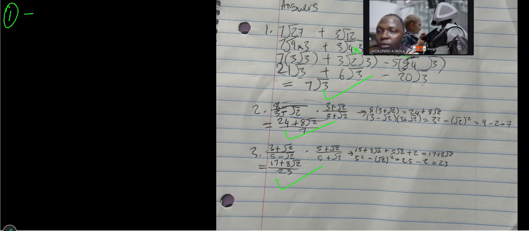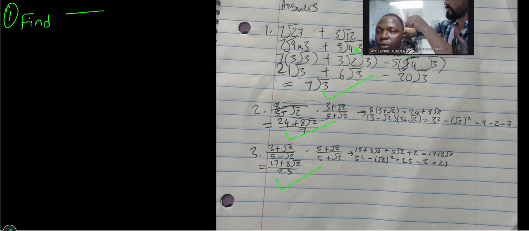That's correct. So before we go, let's look at one question, okay? Okay. This question says to find the square root of x raised to the power 5. There are two ways we can do this.